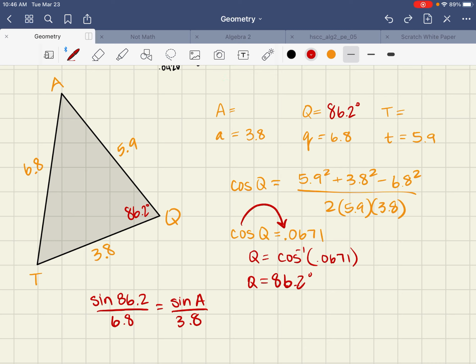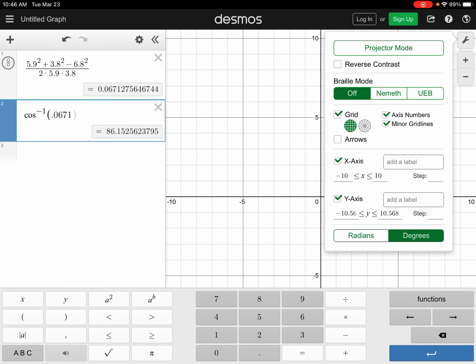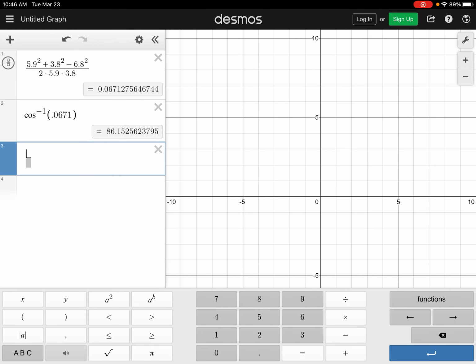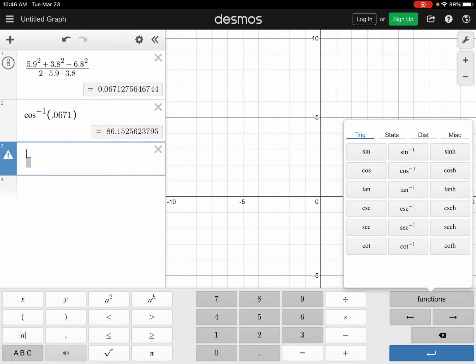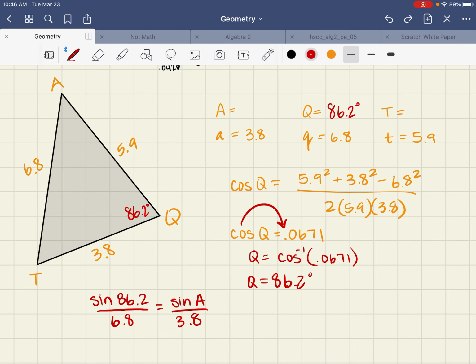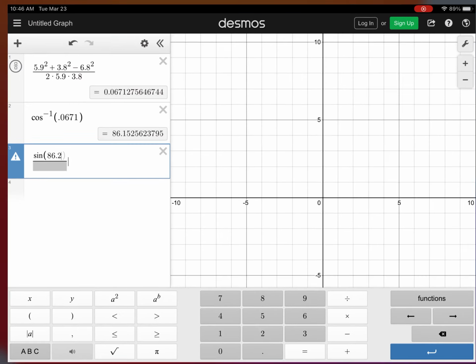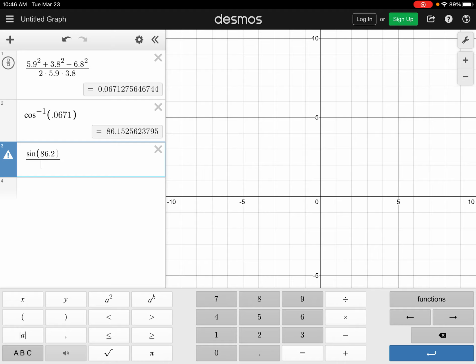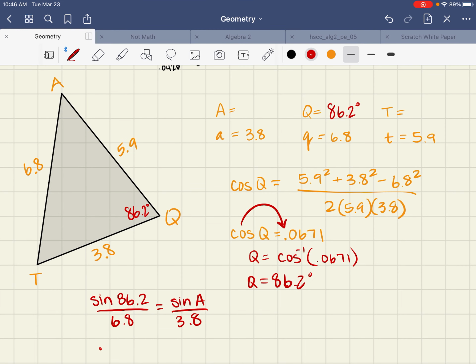So we're going to throw sine of 86.2 into the calculator over 6.8, and that comes out to 0.1467. So we're going to write 0.1467 is equal to sine A over 3.8.